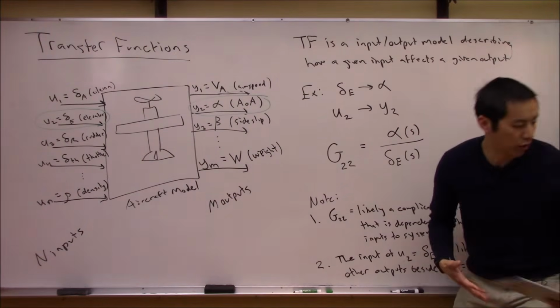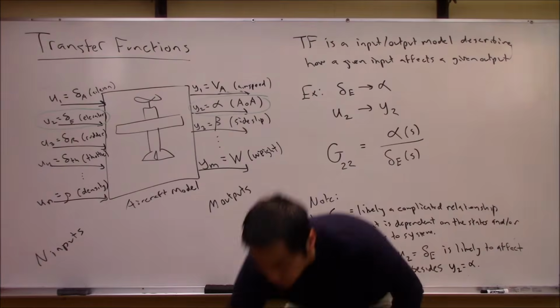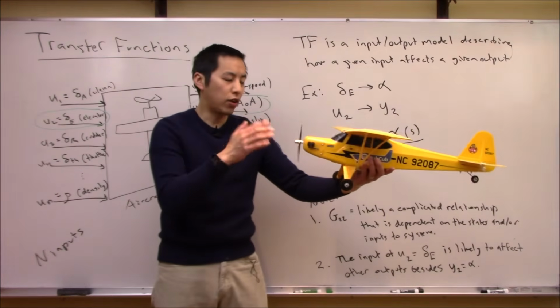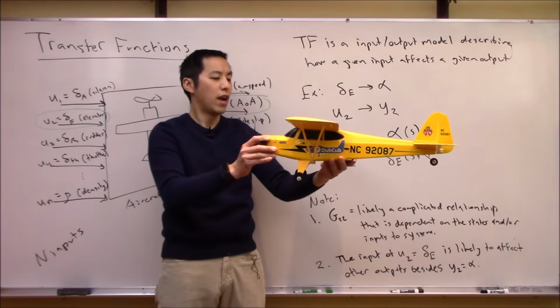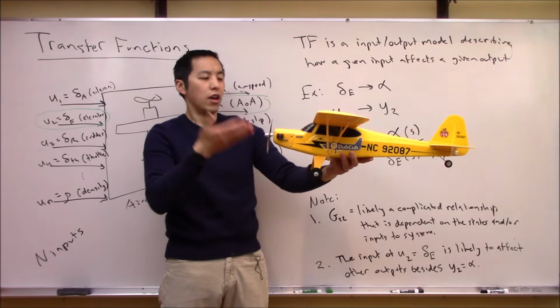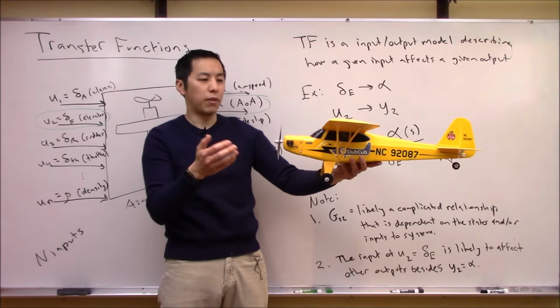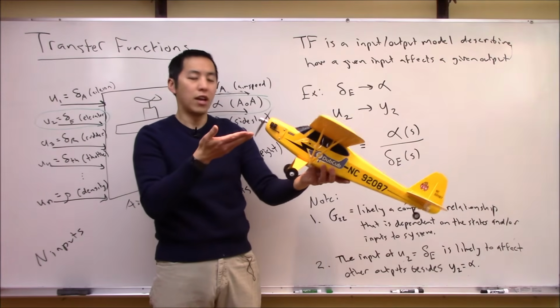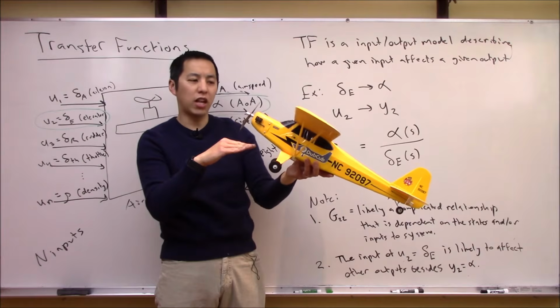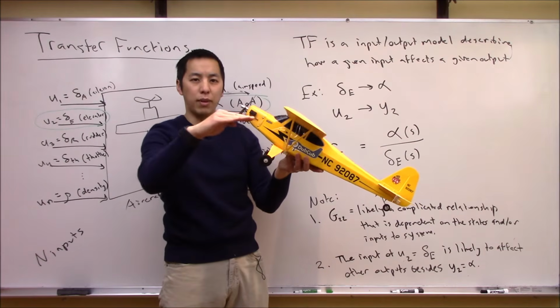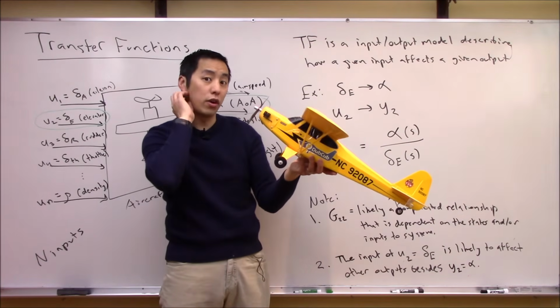So again, going back to our aircraft example, this thing is flying along, and I want to understand how the elevators, these control surfaces back here, affect the angle of attack. Well, for those of you who are pilots, you'll probably know that when you deflect the elevator, the pitch angle of the aircraft will change. Therefore, you'll change the angle of attack, or the incidence between the air and the chord of the aircraft.